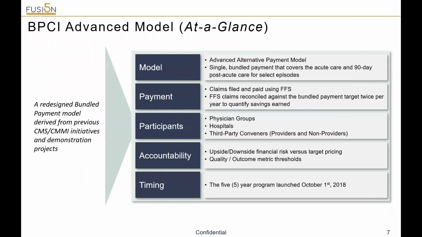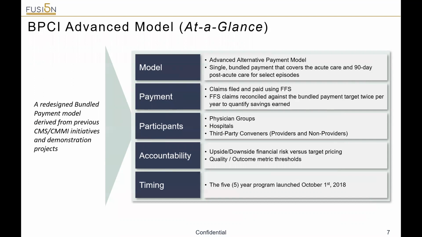So if we look at the payment model on a glance, and remember that this was designed from its predecessors and other demonstration projects. BPCI Advanced, one of the several differences between this and Classic, is this is considered an advanced alternate payment model.